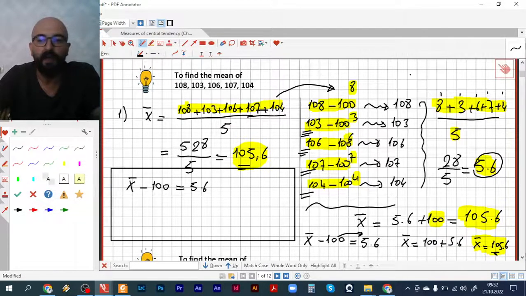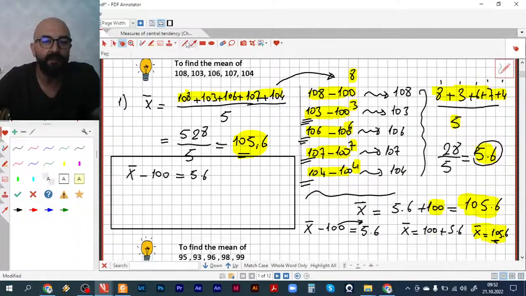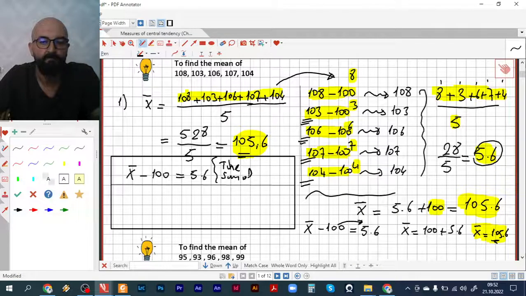And I want to tell something, and please remember that we use a sign for the sum of. Please remember that the sum of means sigma.